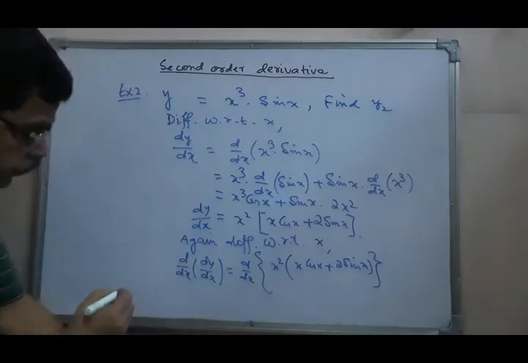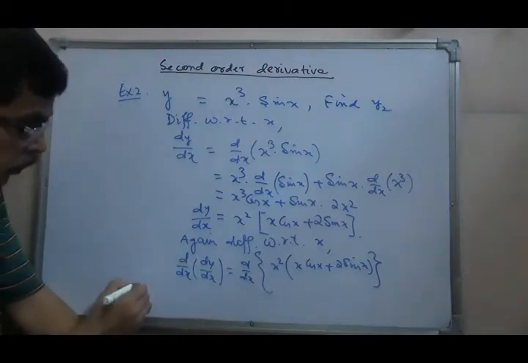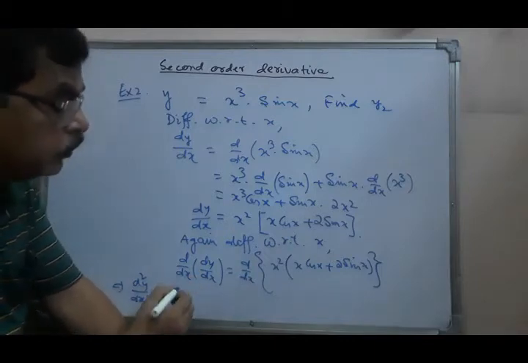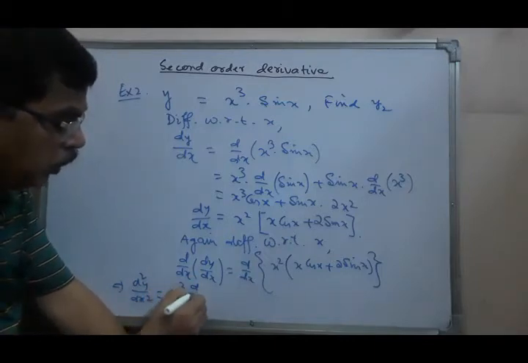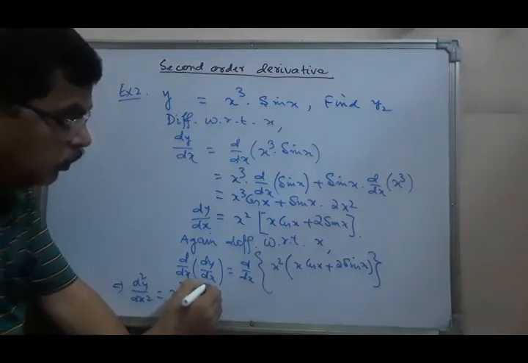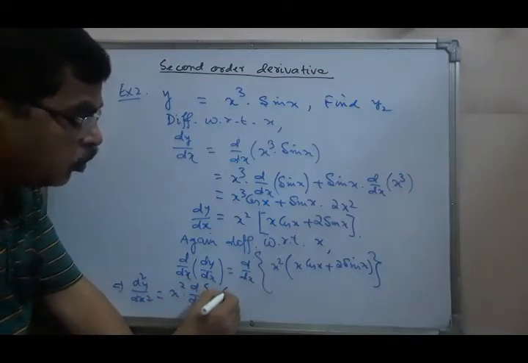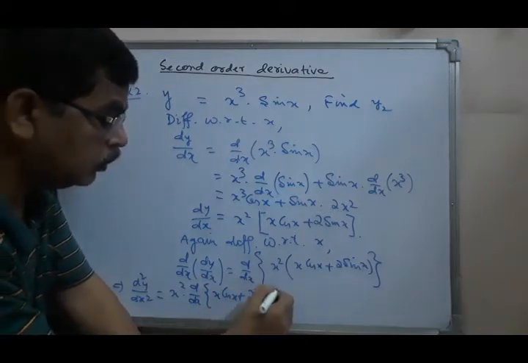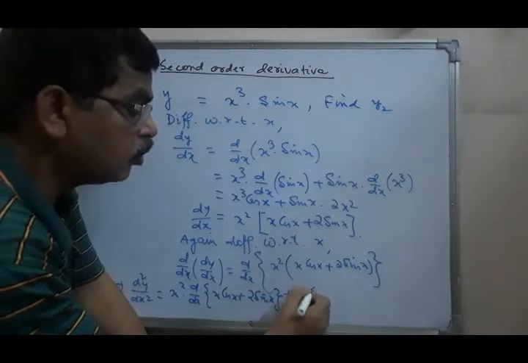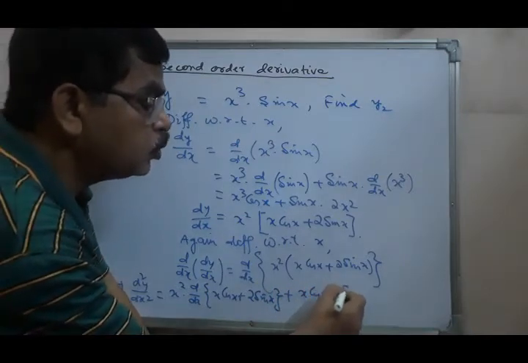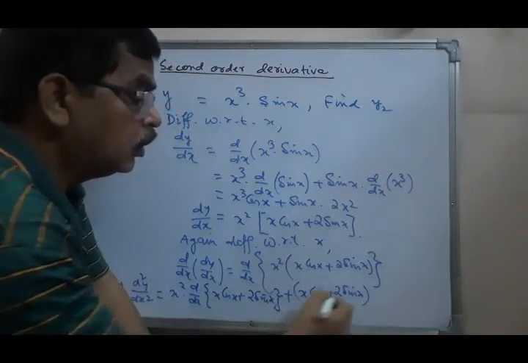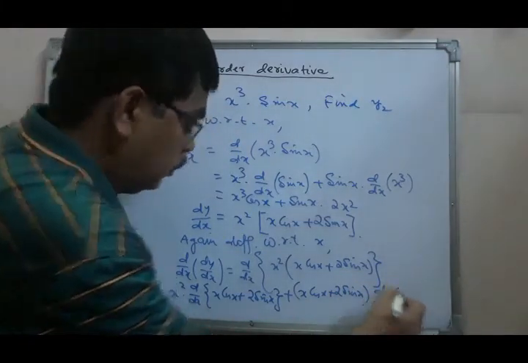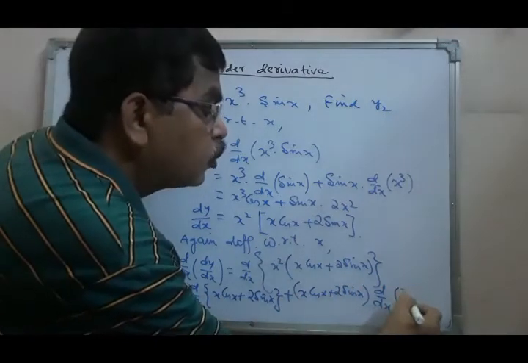So how to do? d2y by dx2 equal to x square into derivative of (x cos x plus 3 sin x) plus (x cos x plus 3 sin x) into derivative of x square.